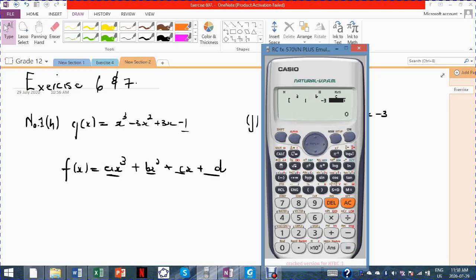Next one is c, which is 3, and again you press equals after you press your number. Then you have d as -1, press -1, and then equals. When you're done, you just press equals again. It will give you the first root, the second root and the third root.